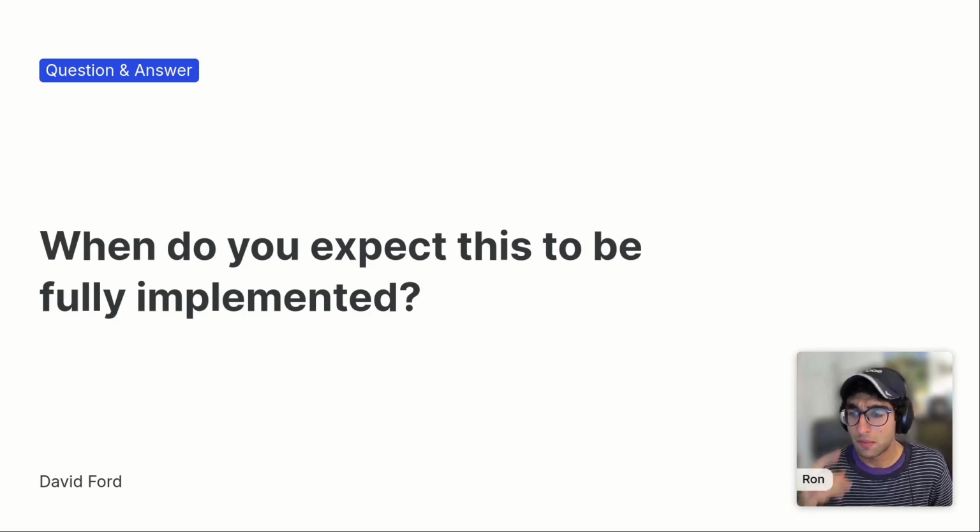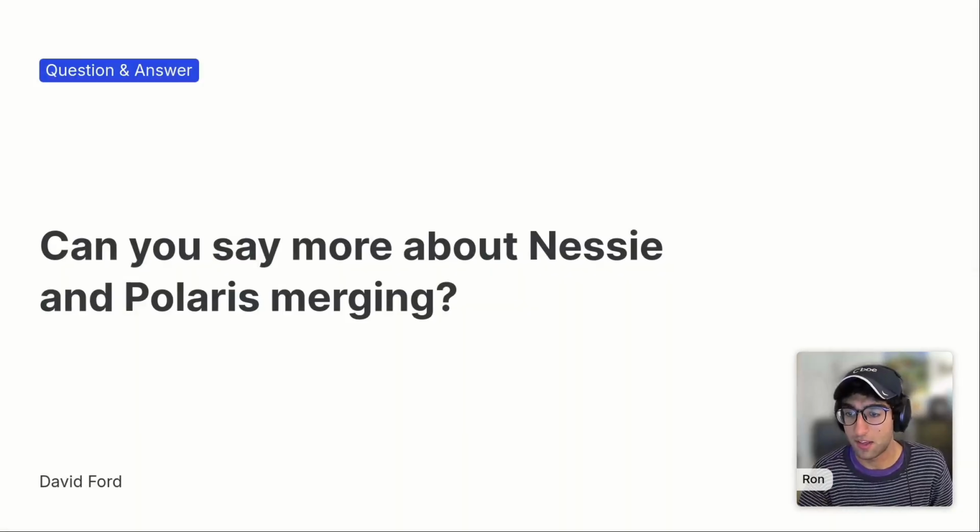Can you say more about Nessie and Polaris merging? I don't know the full details, but I know that one of them has stopped. I believe Nessie has stopped a lot of its development solely on the Nessie side.